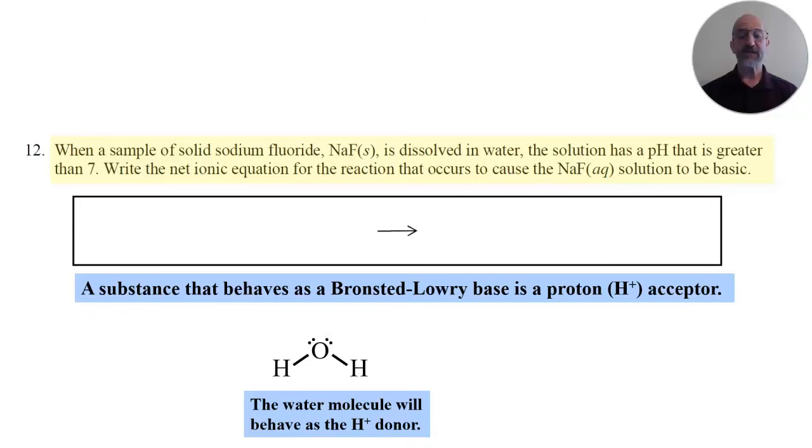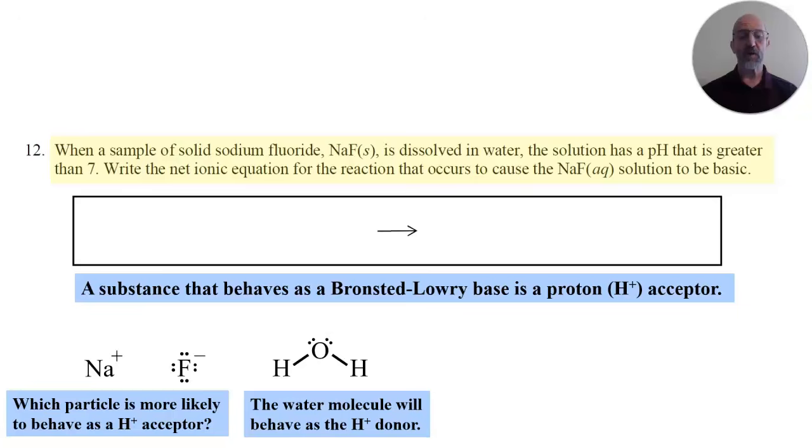So it loses H+, and then something in the sodium fluoride is going to behave as the proton acceptor. So which particle, the Na+ or the F- in sodium fluoride, is more likely to behave as an H+ or a proton acceptor? Well, I think it's unlikely that Na+ would accept H+ because they're both positive.